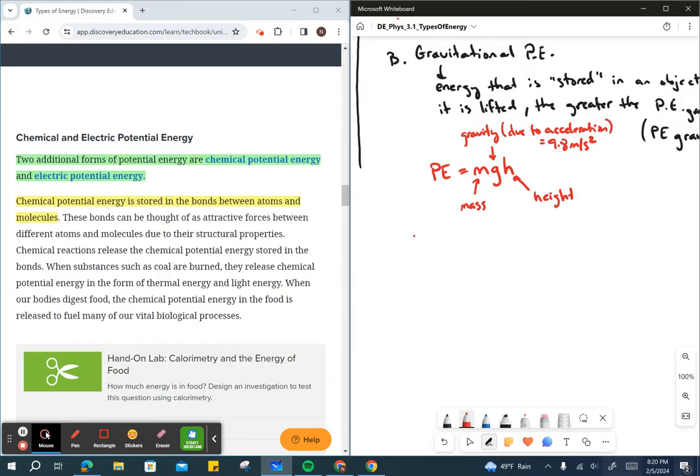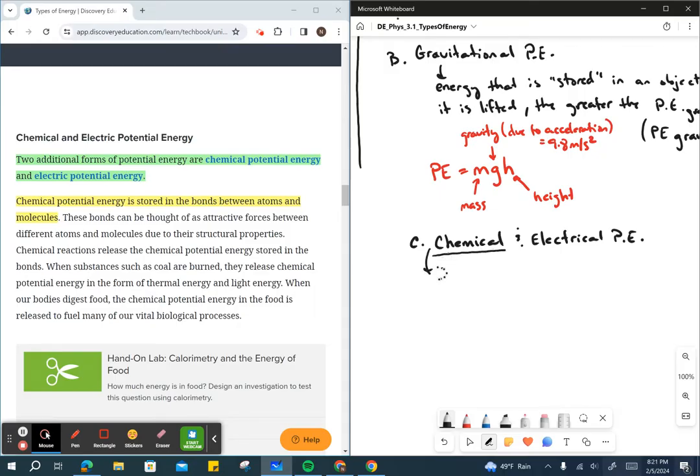We're going to talk about chemical and electrical potential energy. Think batteries, right? Chemical reactions, energy stored in the food you eat, right? There is energy stored in the chemical bonds. We've talked a little bit about these things. Chemical potential energy is stored in the bonds between atoms and molecules. So we just said that.